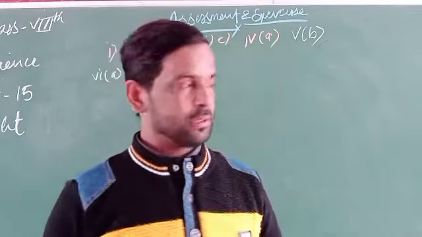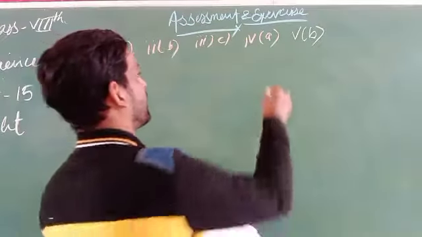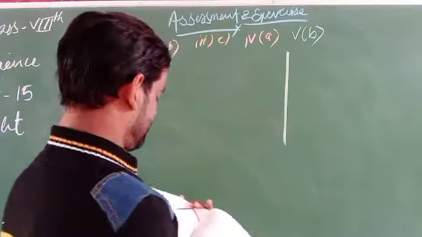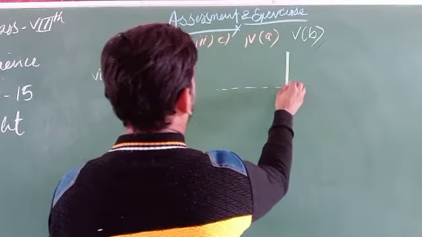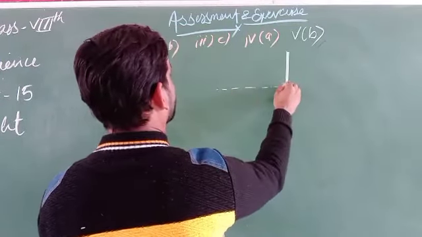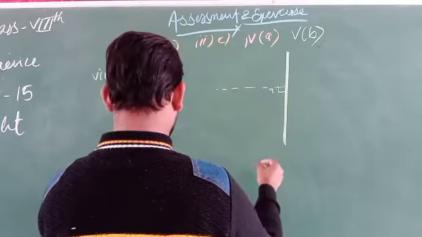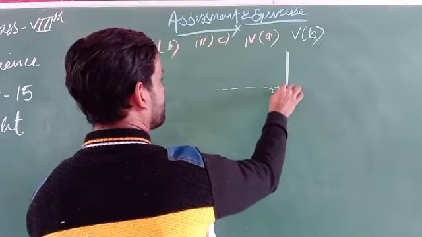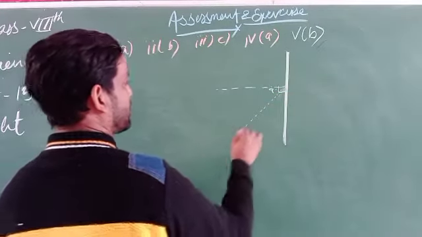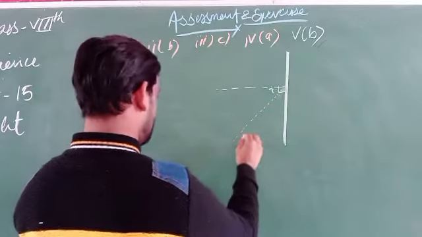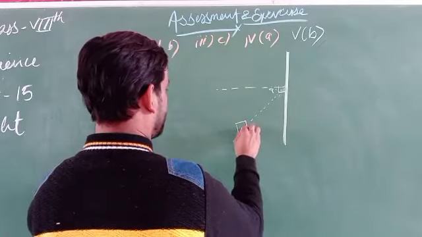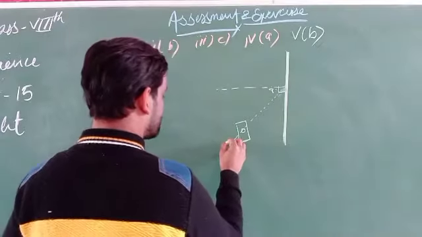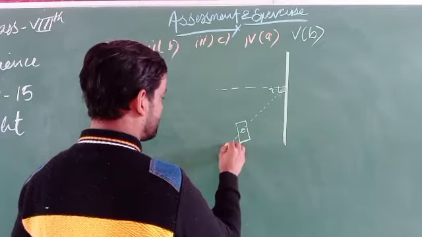So here is the structure given. I will tell you about it. This is the structure given like this, and here is a perpendicular to it. It is 90 degrees, as you know. This one is cardboard, and here is a hole. Light enters towards it by focusing the torch on it.